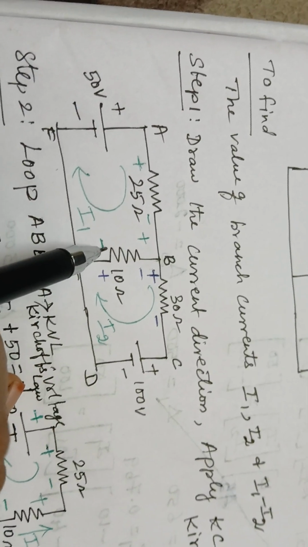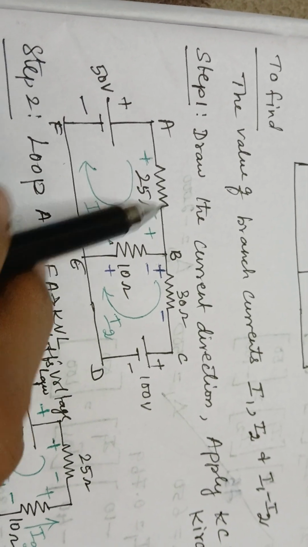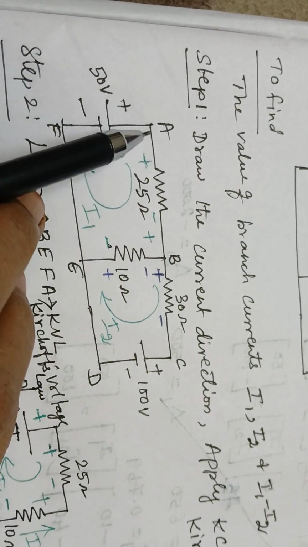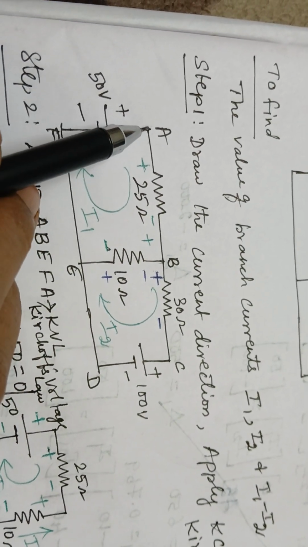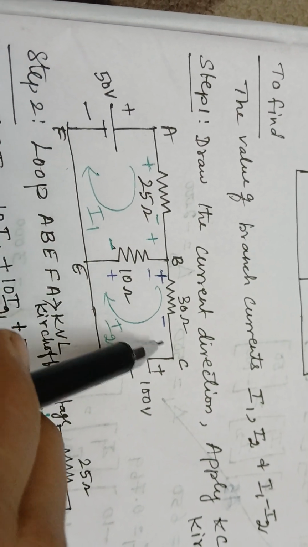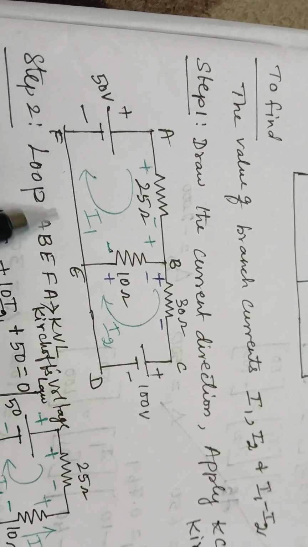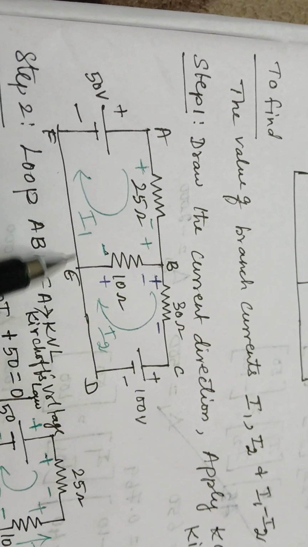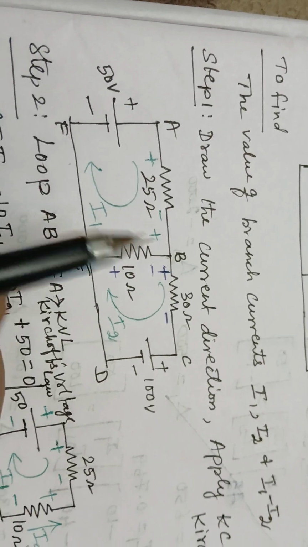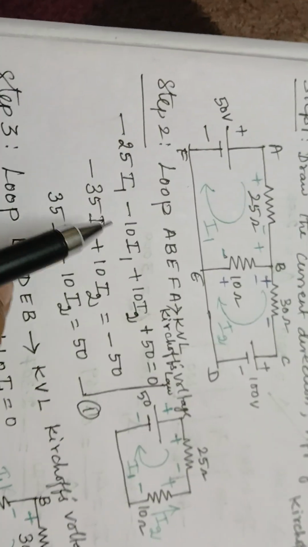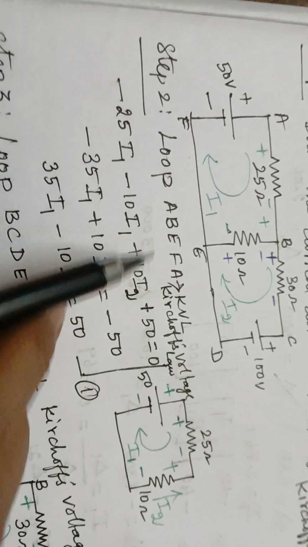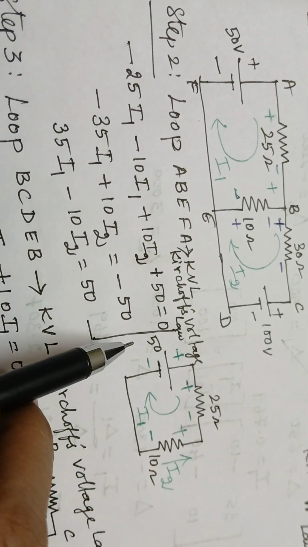Now the next step. First, we have allotted the node points: A node, B node, C node, D, E, F. So we have first allotted the naming of the nodes, and the second step is the loop. First we are going to take a separate loop.